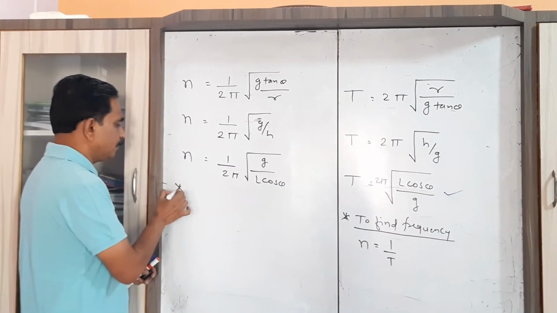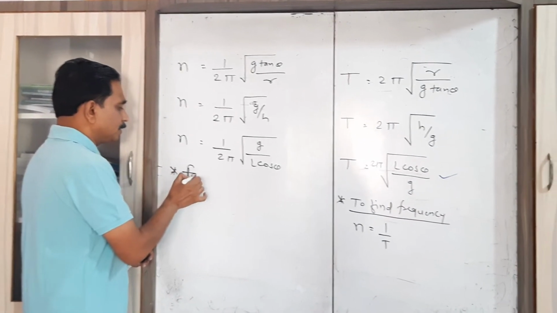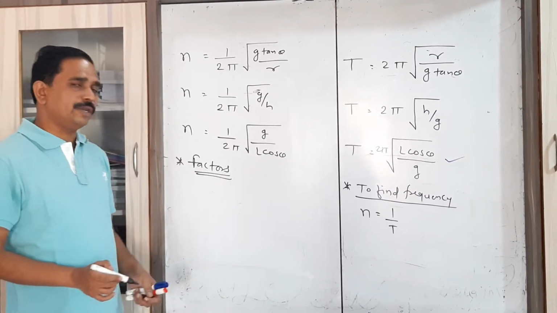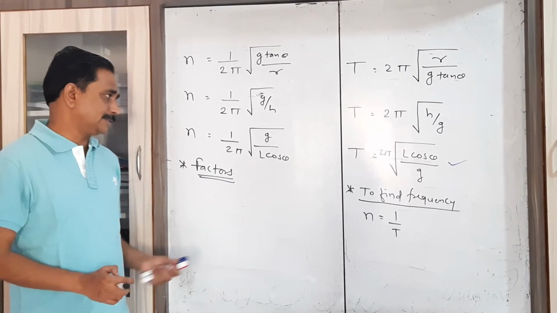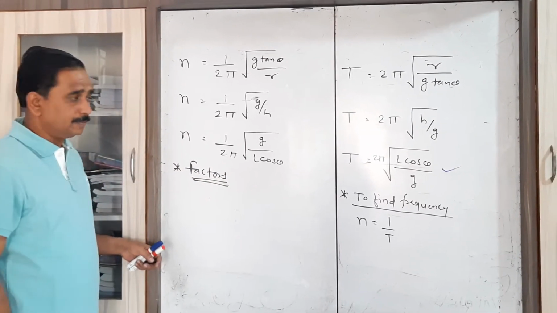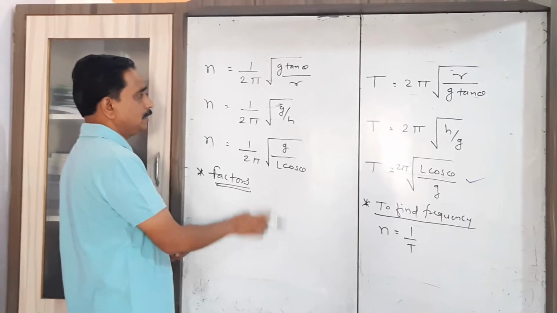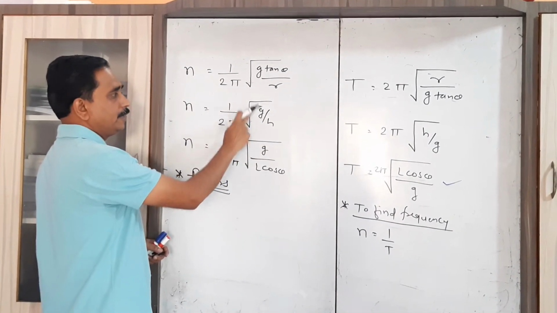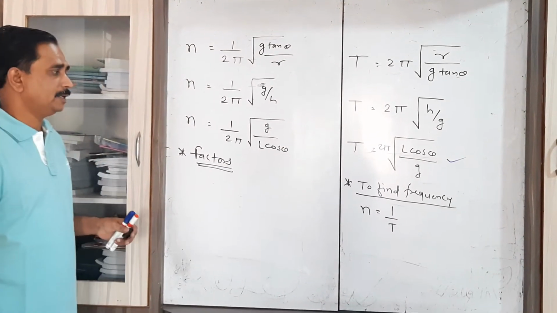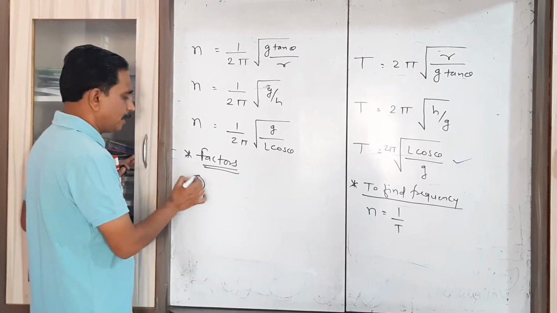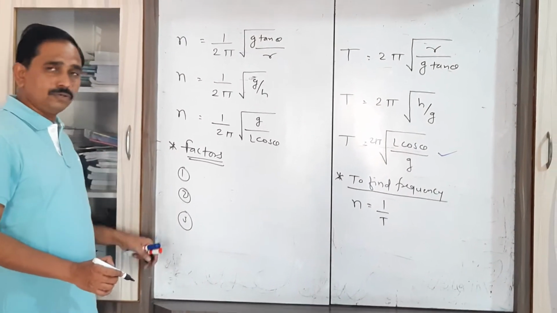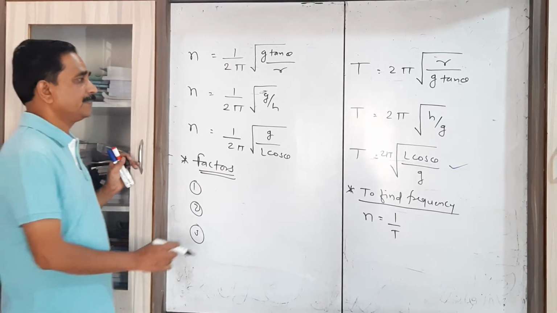Now in our textbook, the factors on which the frequency of conical pendulum depends can be asked. So here n equal to 1 upon 2 pi under root of g upon L cos theta, n equal to 1 upon 2 pi under root of g by h, n equal to 1 upon 2 pi under root of g tan theta upon r. From these we can easily write the factors on which the frequency of revolution depends.